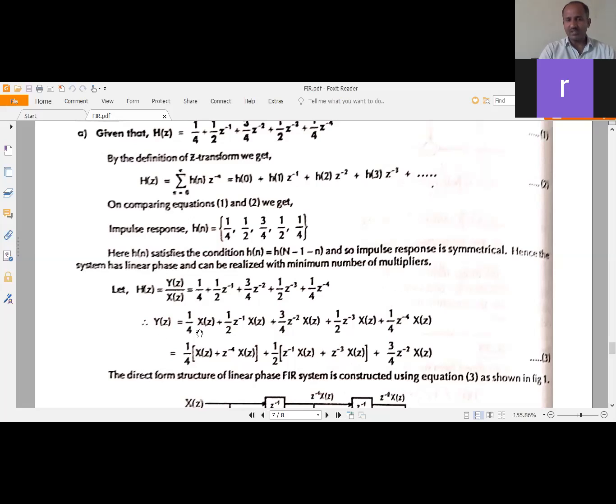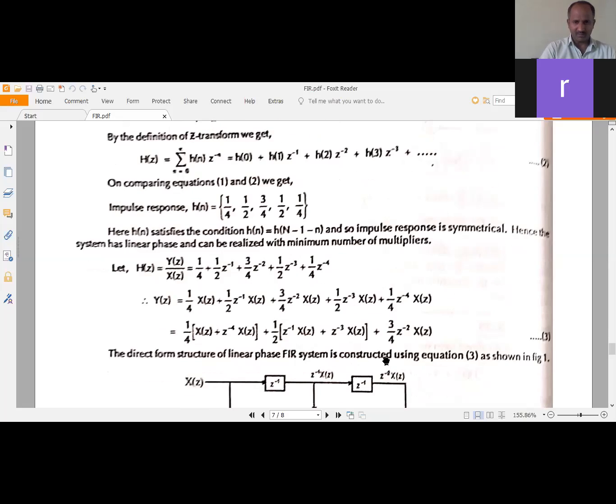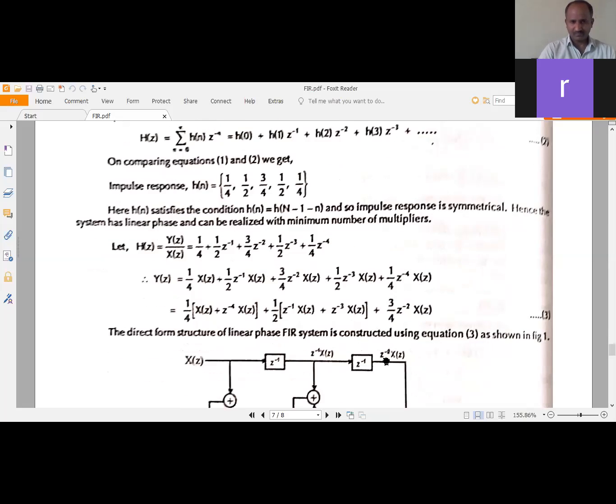Instead of directly using 1 by 4 and 1 by 4, only one multiplier is enough, and instead of 1 by 2 and 1 by 2, one multiplier is enough. So realize this output by using the minimum number of multipliers method. This is considered equation number 3.